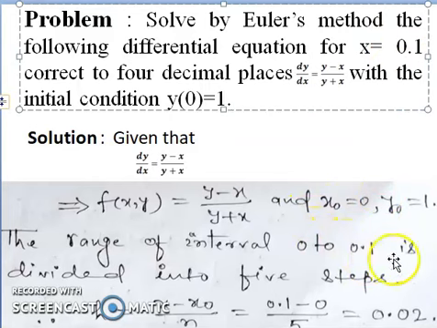So 0 to 0.1 is divided into 5 steps. Therefore, h equal to x minus x0 divided by n, which is 0.1 minus 0 divided by 5, that means n equal to 5. It becomes 0.02.